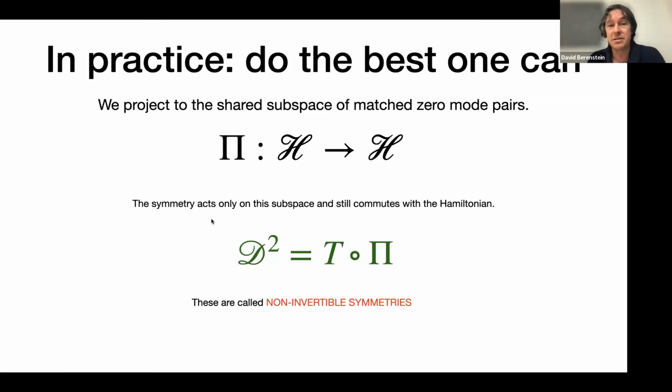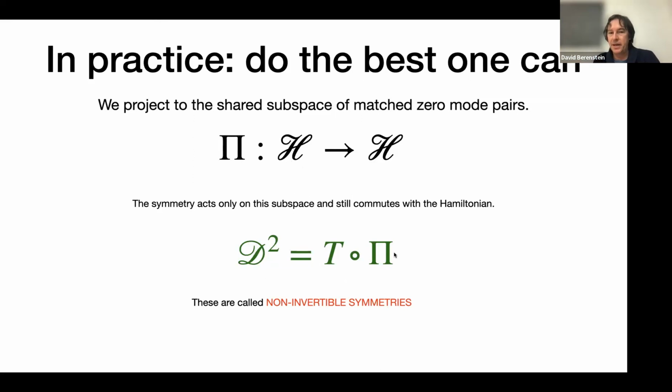And everywhere else, I extend by zero and say, basically, I don't have a candidate for what the symmetry would do. So the idea is that it's a symmetry that has a projector, and the projector is basically the thing that's at the heart of being a non-invertible symmetry.